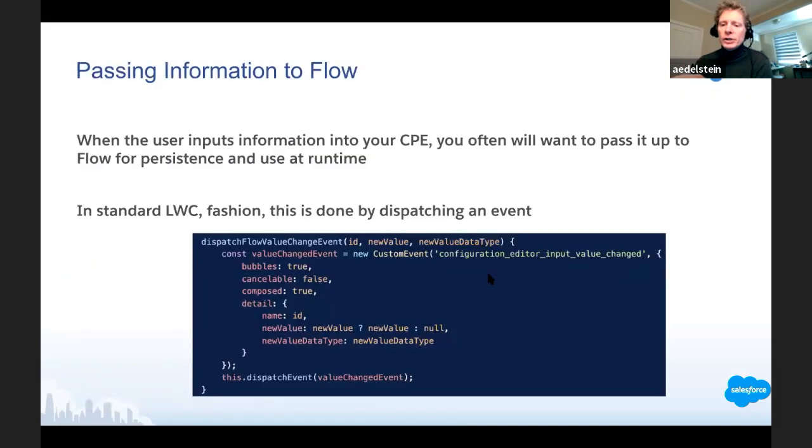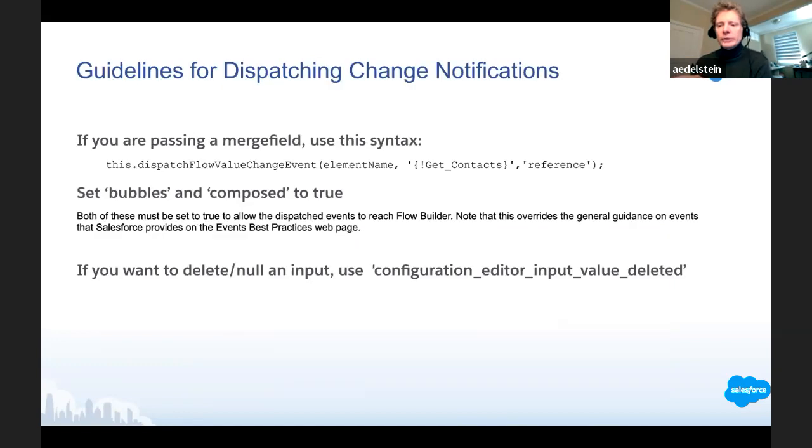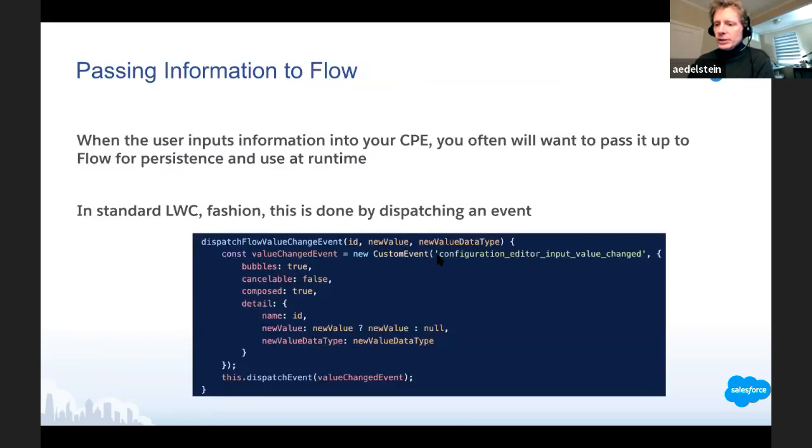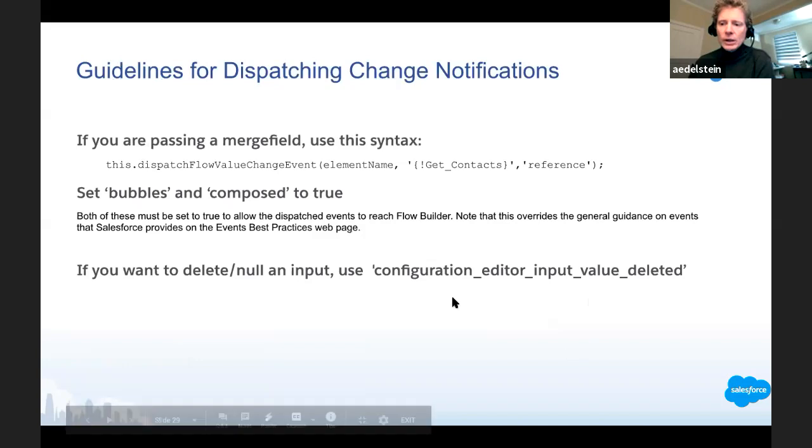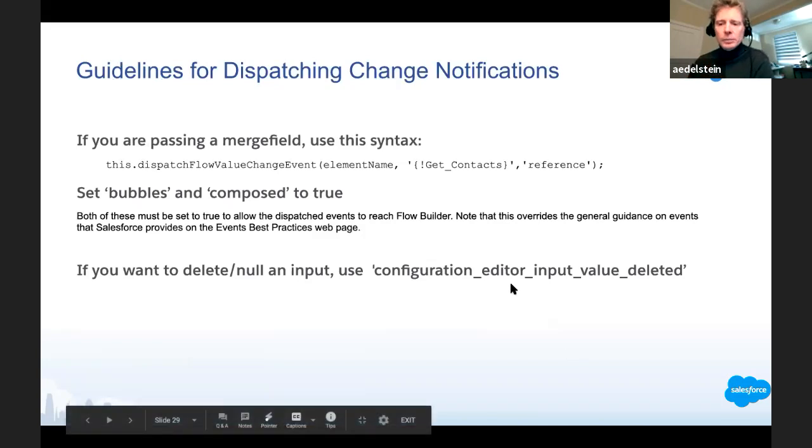So if you're in your custom property editor, in a situation where you really want to null something out that previously you told Flow Builder had a value, then instead of setting the custom event to configuration editor input value changed, set it to configuration editor input value deleted.